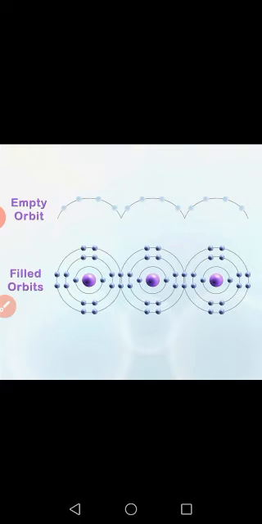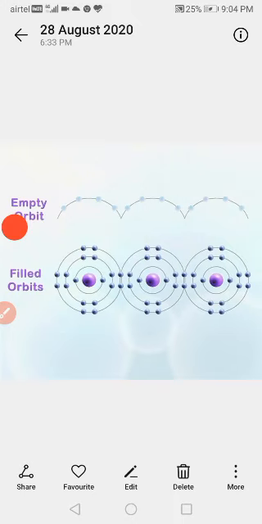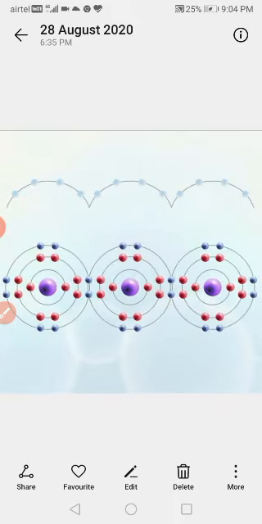orbital. So we need not go into the details of orbitals right now, because as we concluded in the previous lecture, the energy bands are formed due to the interaction of atoms when the solids are formed. Here you can see the empty orbits and these are the filled orbits.